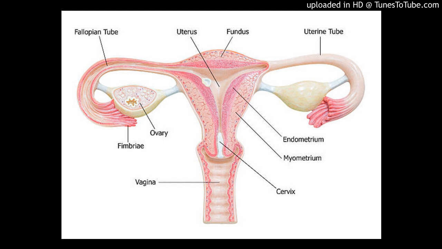This muscular bag-like part is called the uterus, and it has two side tube-like structures called fallopian tubules.